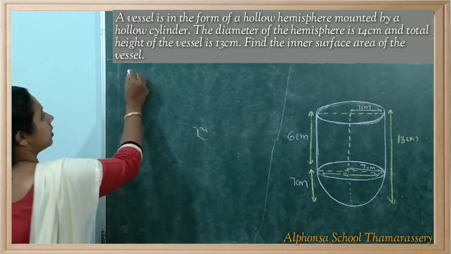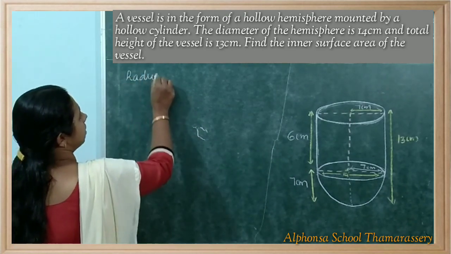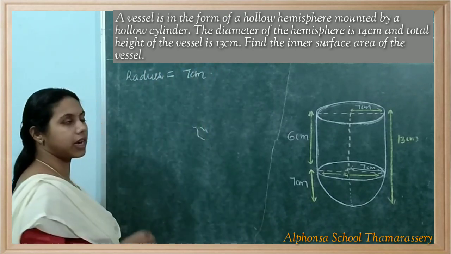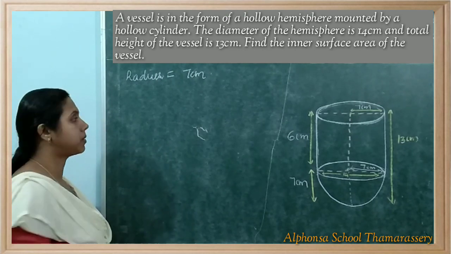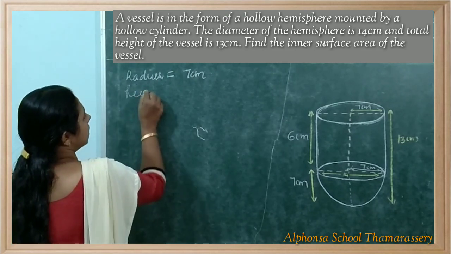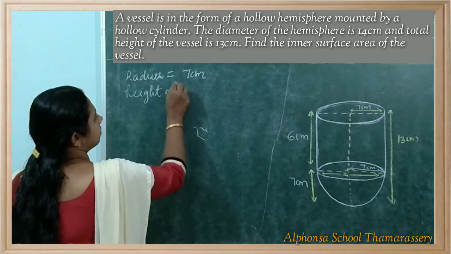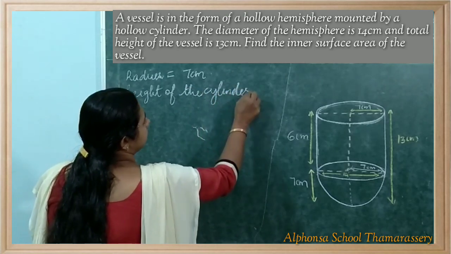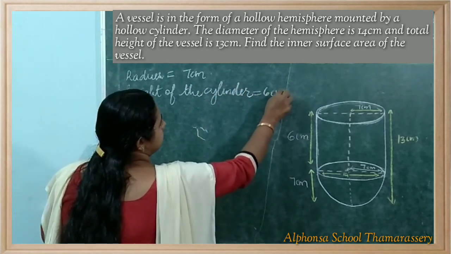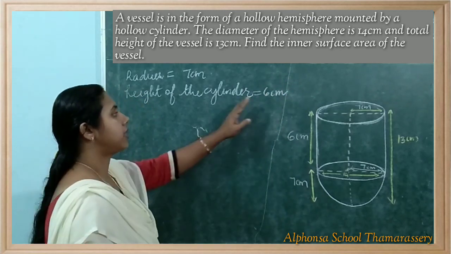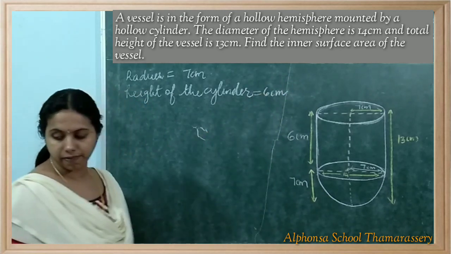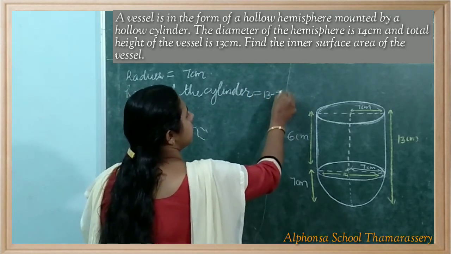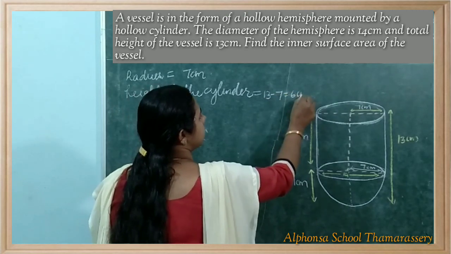So we can write here the radius r is equal to 7 centimeter. That is the radius of the cylinder and the radius of the hemisphere. Then the height of the cylinder is equal to 6 centimeter. We know that is equal to 13 minus 7, that is equal to 6 centimeter.